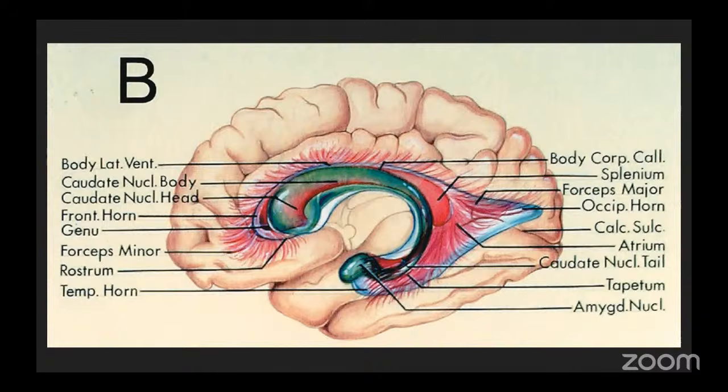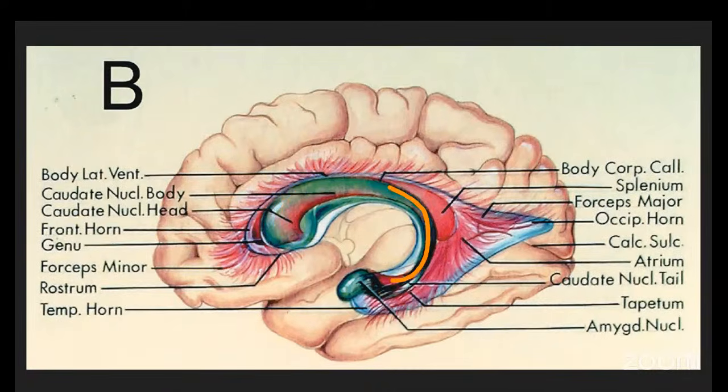Which structure is this, the green thing? The caudate. That's right, this is the caudate nucleus, which is also wrapping itself around the thalamus. And on top of it, we can see the illustration of corpus callosum. Let me clear this.